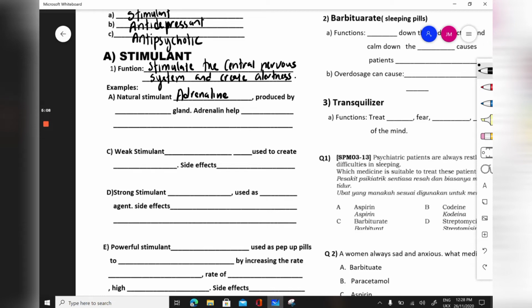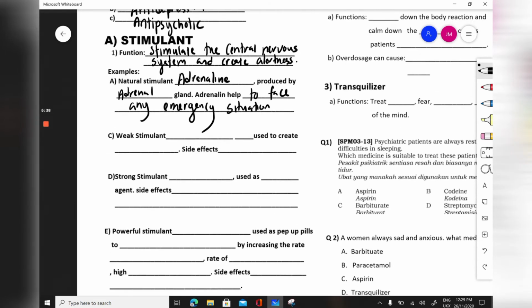This adrenaline helps to prepare us to face any emergency situation. It will create alertness in our body.